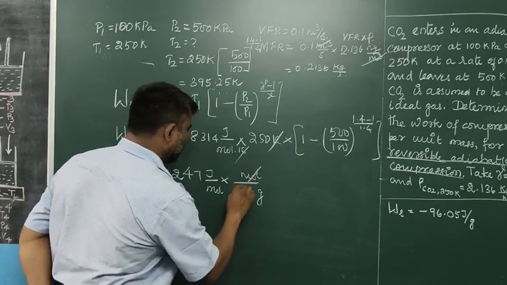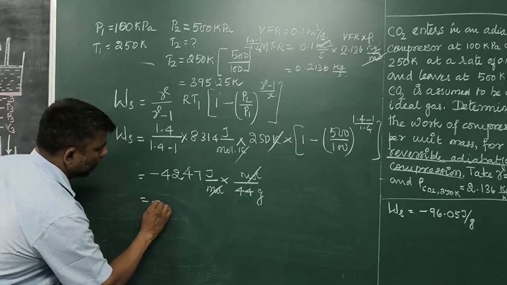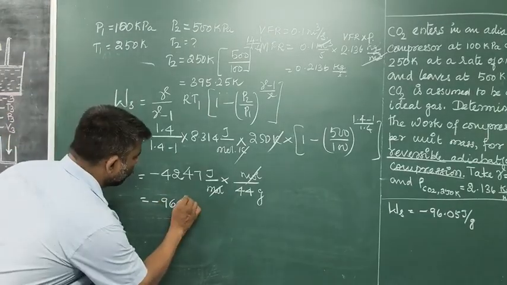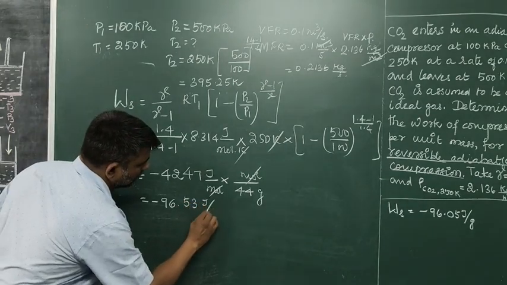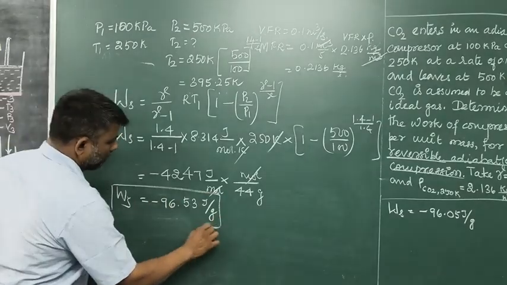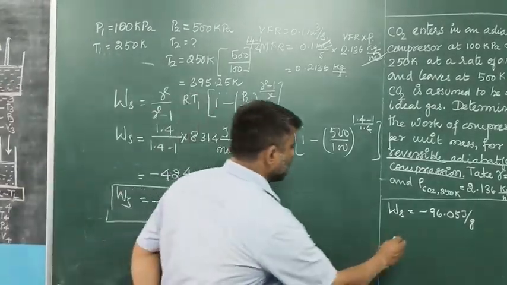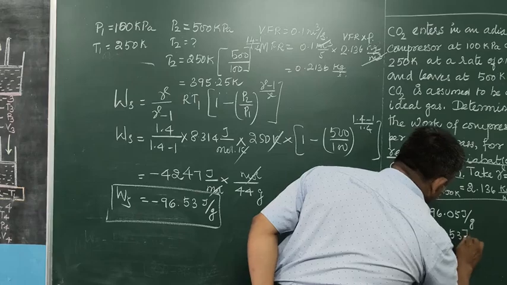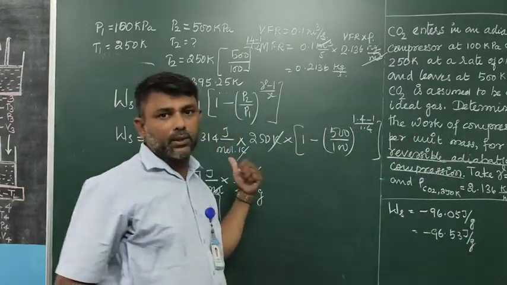So mole gets cancelled. The answer is minus 96.53 joules per gram. So this is the second method. Clear? The answer for the second method is minus 96.53 joules per gram.